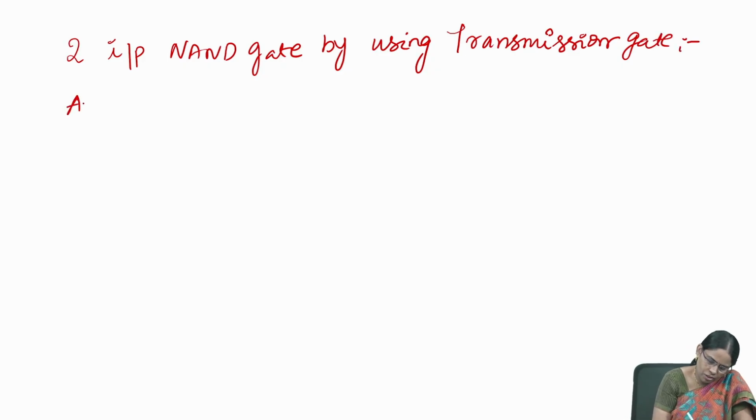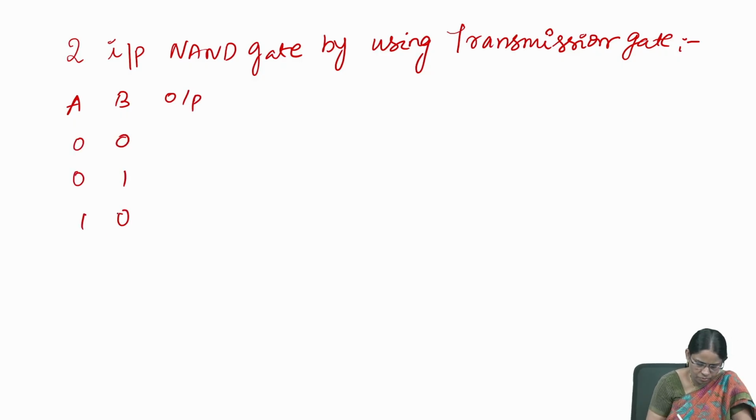For that, first we have to write the truth table. If any one of the inputs is 0, then the output is 1 for the NAND gate. This is the truth table.